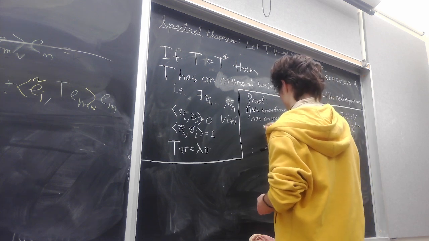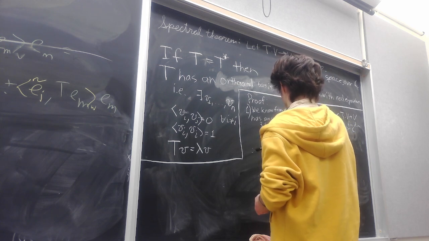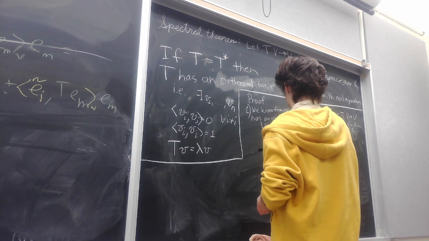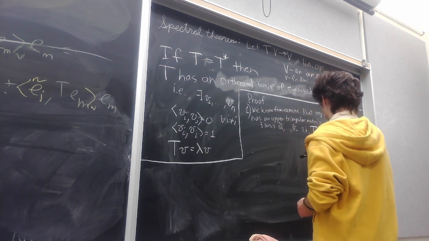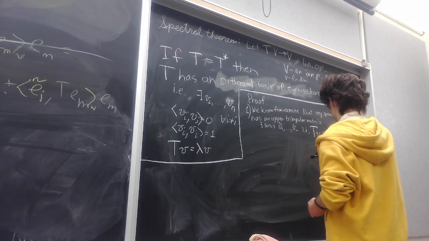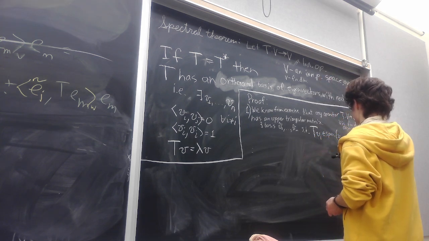Which means that there exists a basis v1 up to vn, let's put tildes on it for now, v1 up to vn, such that T vi is in the span of v1 up to vi.